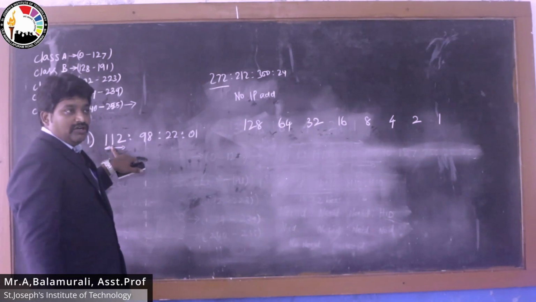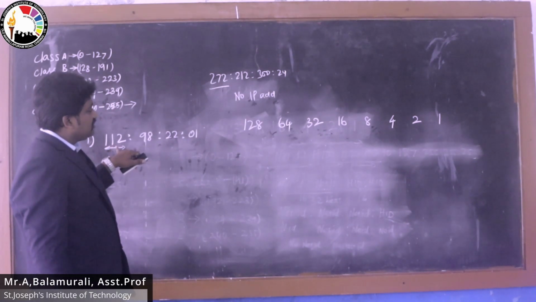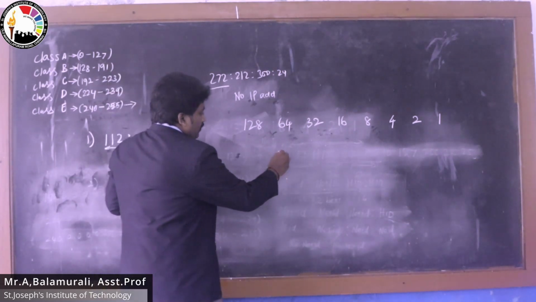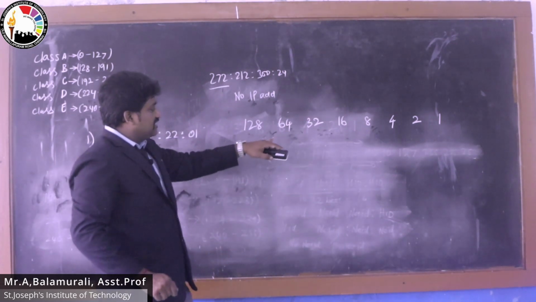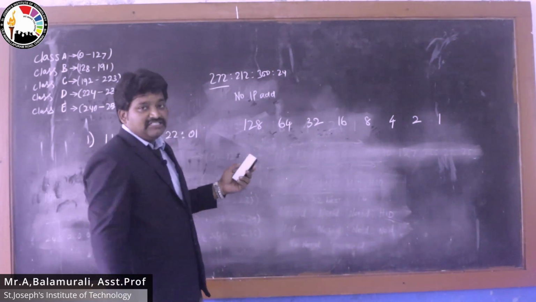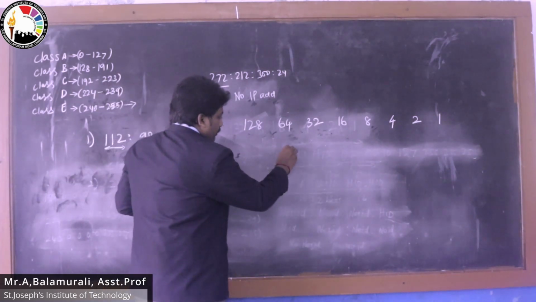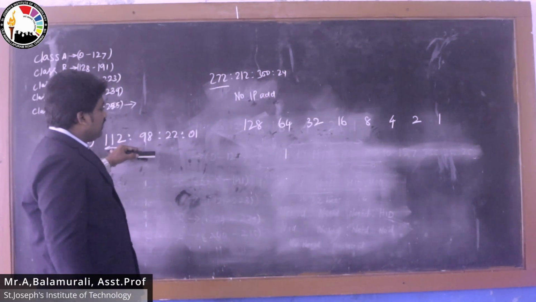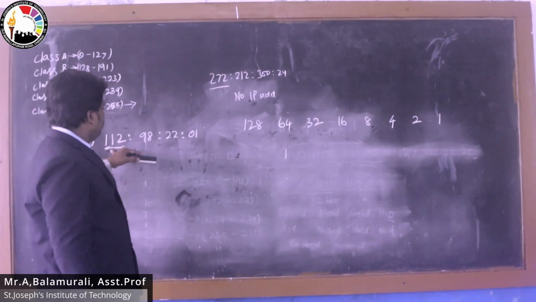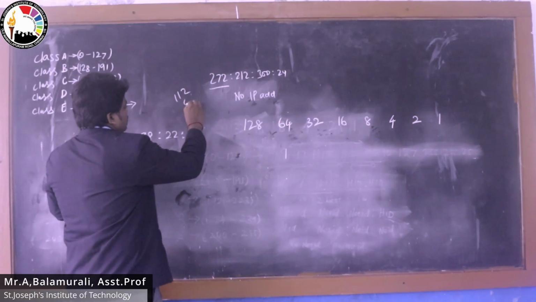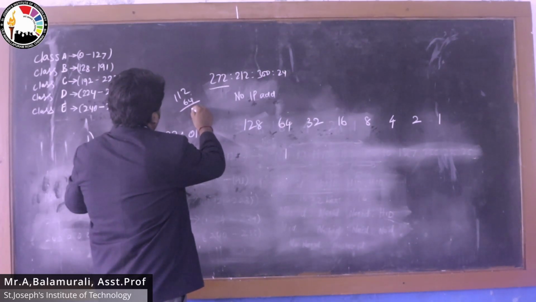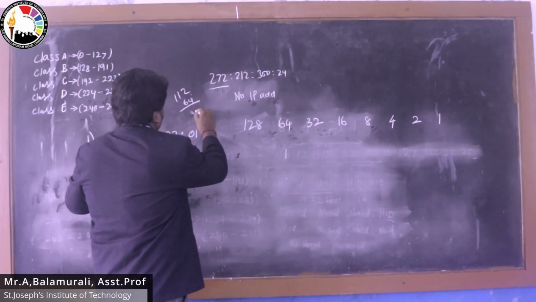So the first one is 112. Which one is the nearest to 112? 64 is the nearest to 112. In that place you mark 1. Binary numbers mean zeros and ones only. 112 minus 64 leaves 48.